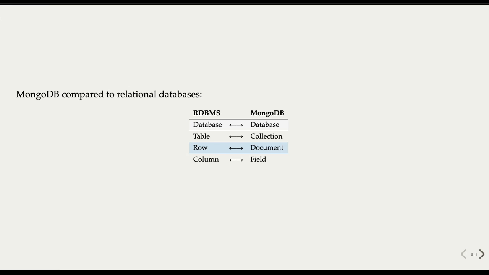Each field of a document is similar to a field in the relational database as well. But here, as I said, you do not predefine the structure of the collection. And so when you insert a new document, for example, you can insert a document with a different set of fields.